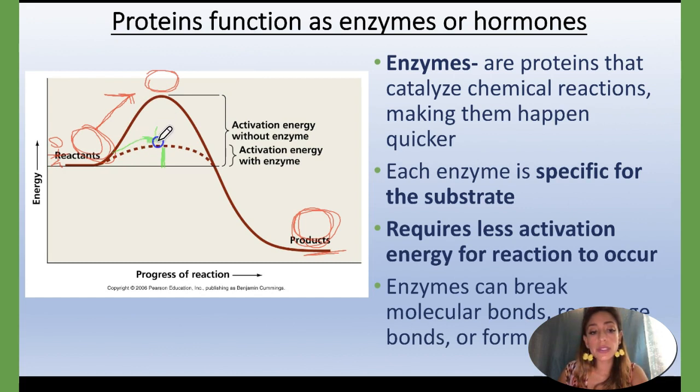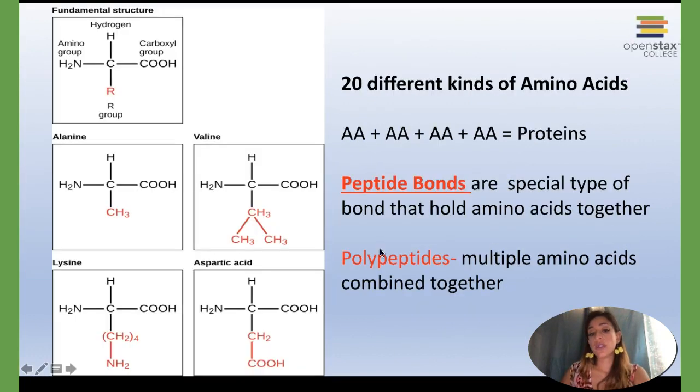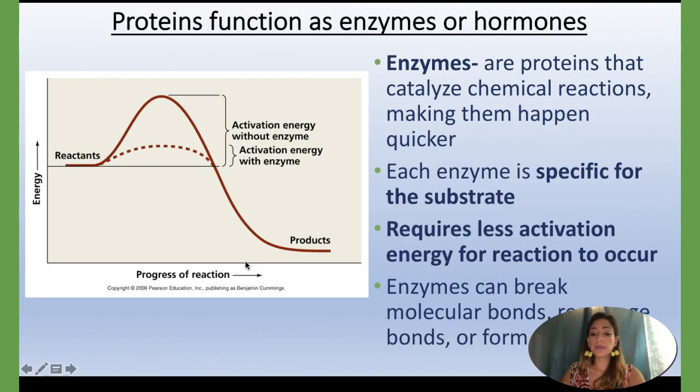The enzyme reduces your activation energy required. So the same exact reaction is going to happen, but it reduces the amount of activation energy required. That's what enzymes do. That's all they do, is they reduce activation energy required. Requires less activation energy for a reaction to occur. Okay?